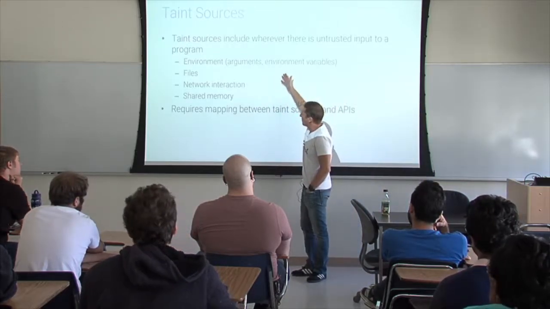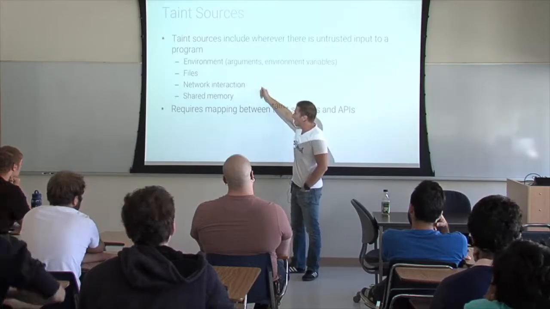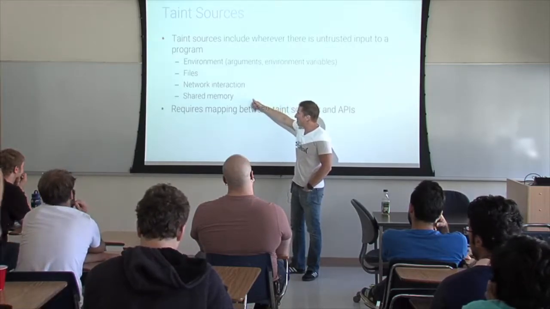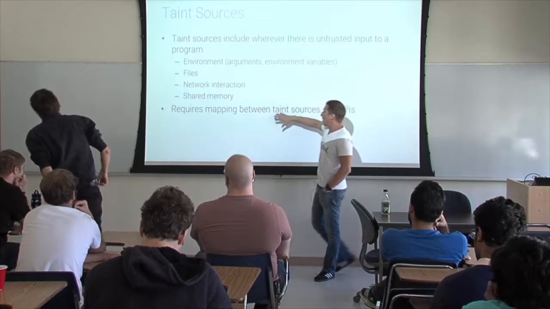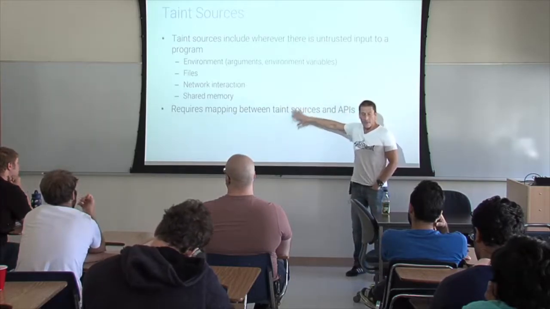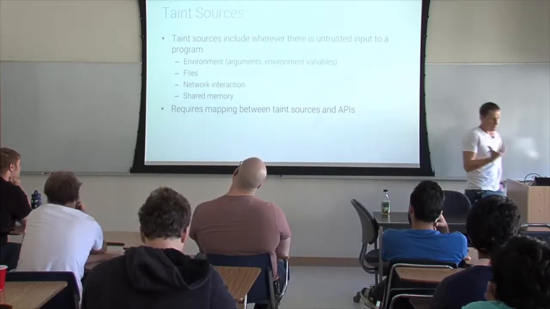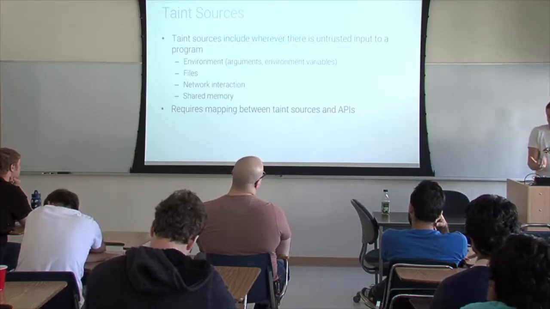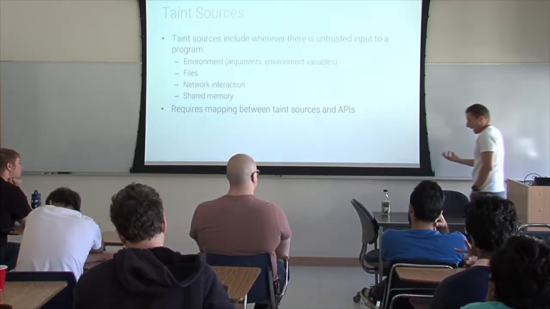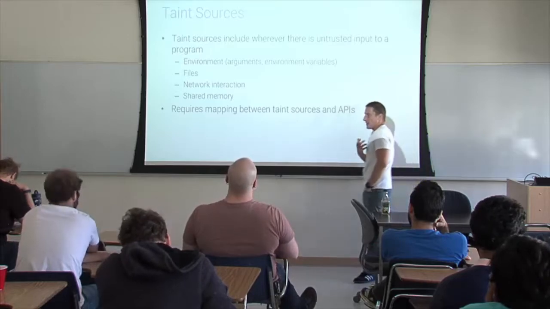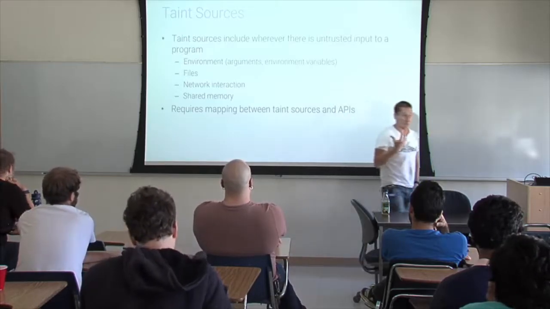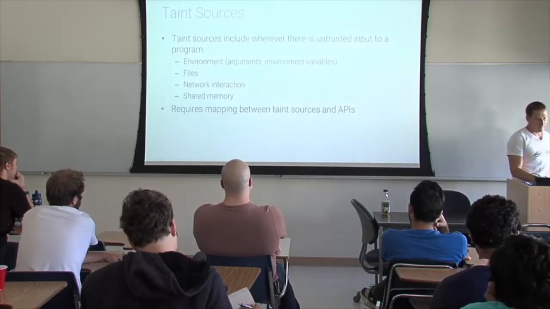Typically, when you do this, you represent a dynamic environment. You say, oh, the environment, the files that have been touched by a program, network interaction of the program, shared memory, all this needs to be given to the system, because the system doesn't know effectively what is tainted in the beginning, in order to reproduce the propagation.